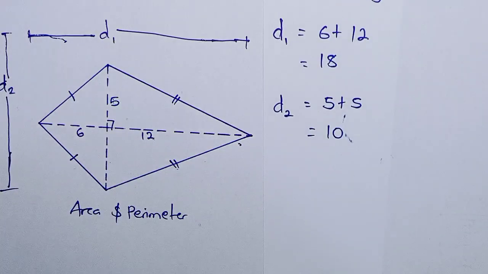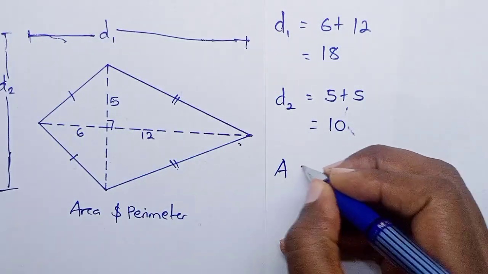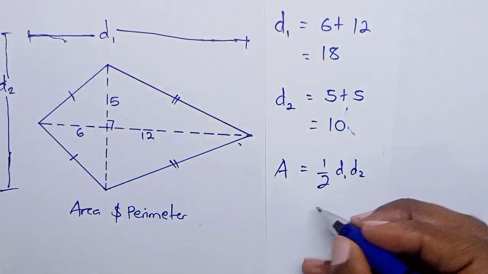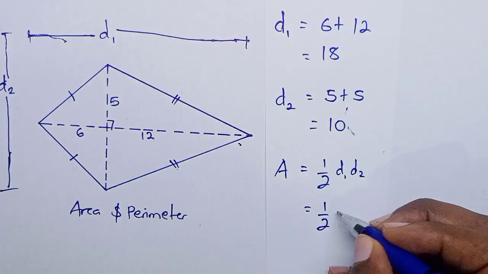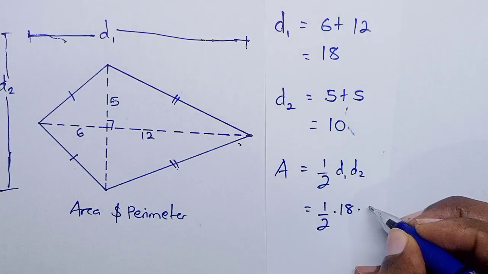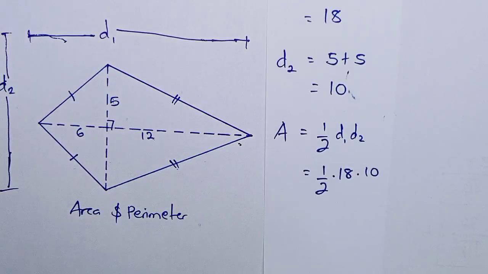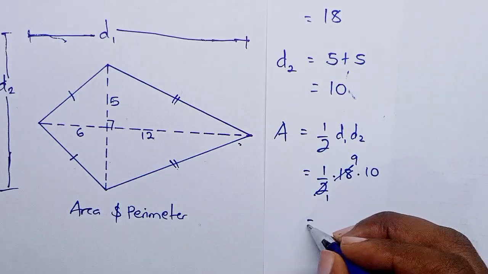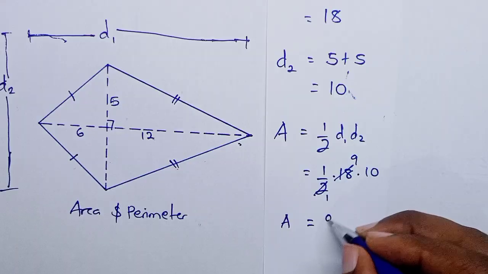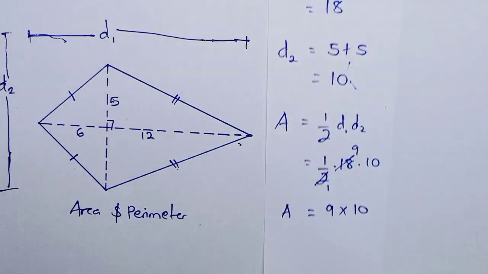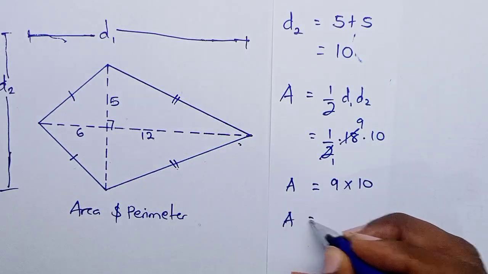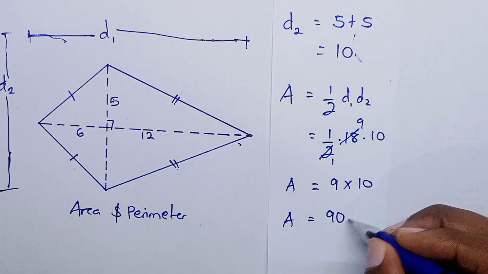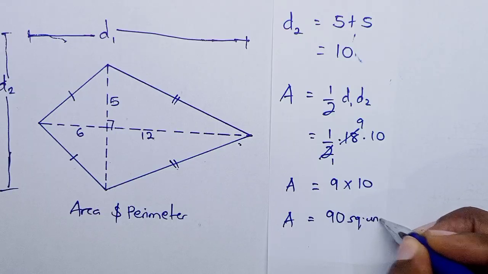So now we can find the area of the kite. Therefore, area is equal to a half times d1 times d2, which is a half, d1 is 18, d2 is 10. So 2 goes into 18 9 times. So area is equal to 9 times 10, and therefore, area gives us 90. Remember, area is given in square units. So 90 square units.